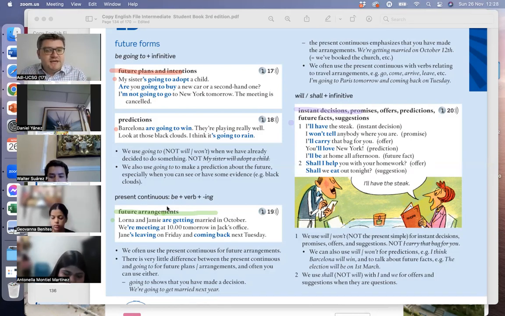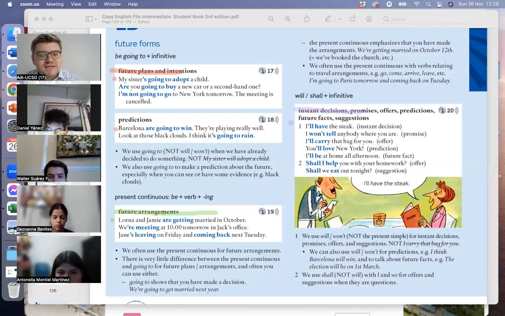Let's say the same plan about going to Miami in March. If this is just my plan, I made a decision, I will be going, I don't have the tickets yet, then you can use be going to plus infinitive.